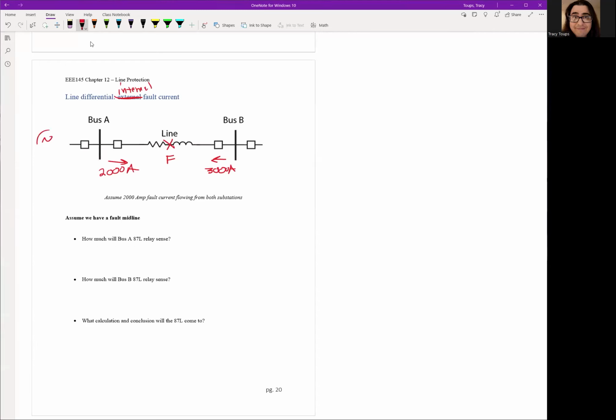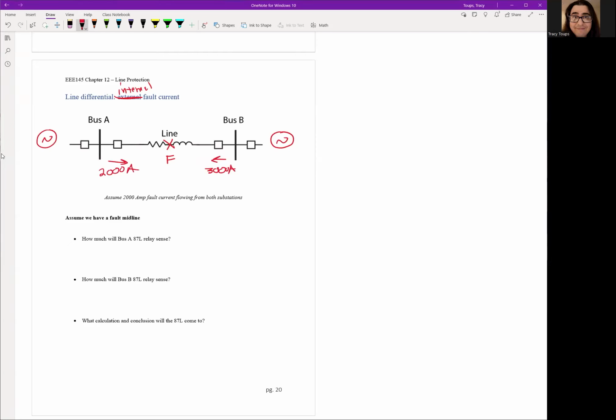So we can have a voltage source here. We can have a voltage source here. We can have two generators on both sides of our line a little farther out. So when a fault happens, current will flow from both sides of the line into the fault. So we're feeding from both ends.